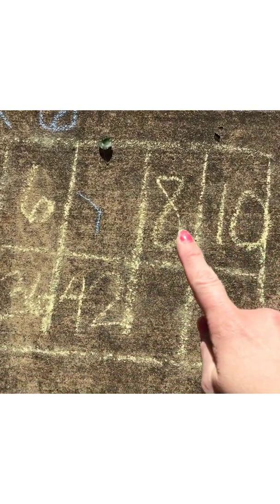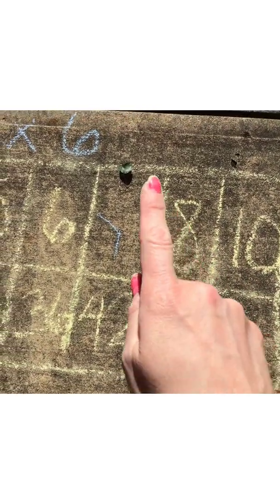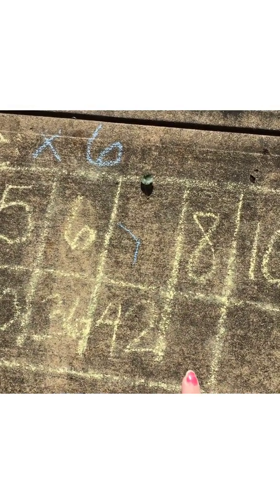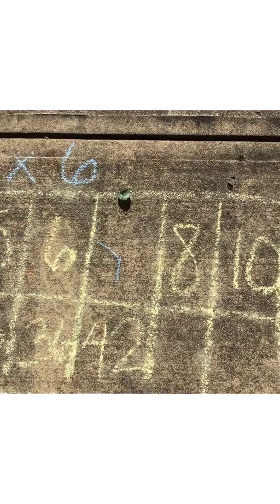That's right. Hakeem, could you write a 7 here for us? Write a 7 in our table. That is an awesome 7. Thanks, buddy. Now we have 8 goes in, times 6 gives us, that's right, 48.